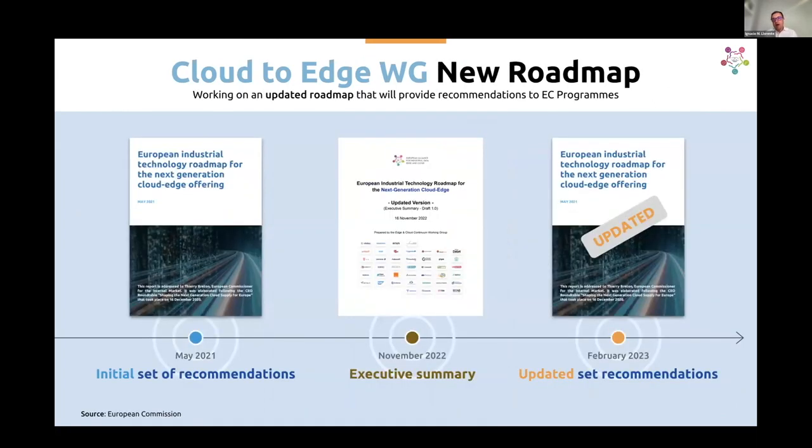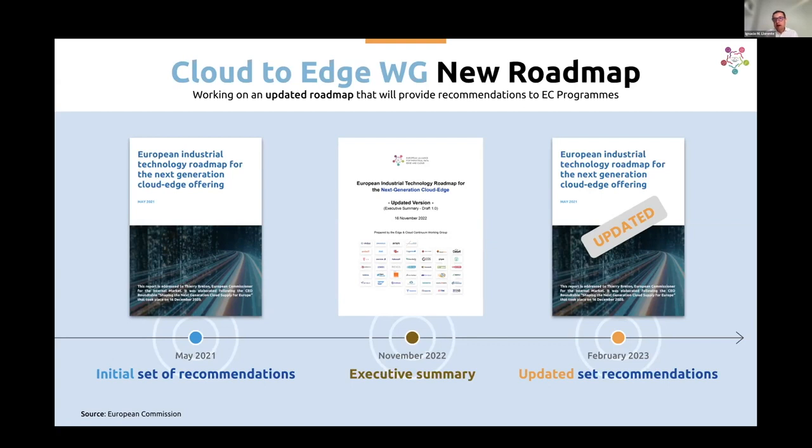And our main focus right now is to create a new industrial roadmap. I think it was some months before the creation of this alliance, a group of 27 European CEOs submitted a European Industrial Technology Roadmap for the next generation cloud and edge offering. That was in May 2021. And now we are working to create a new version of this roadmap.